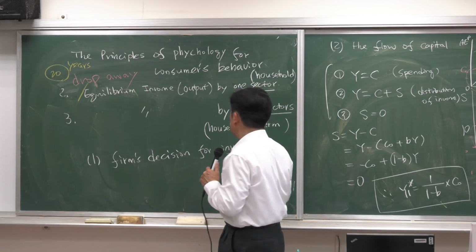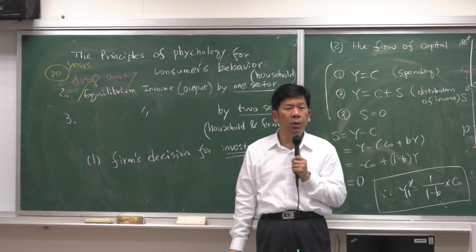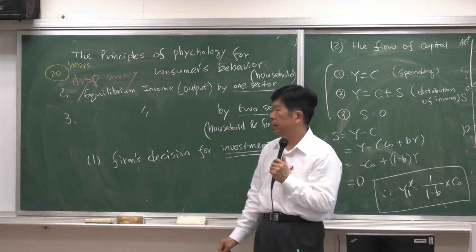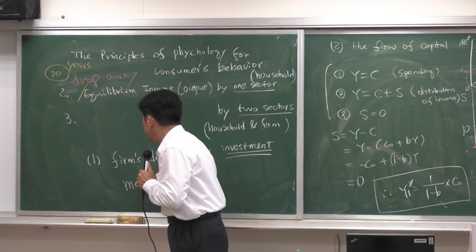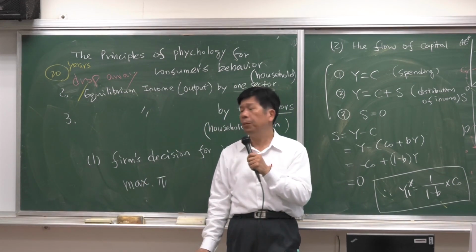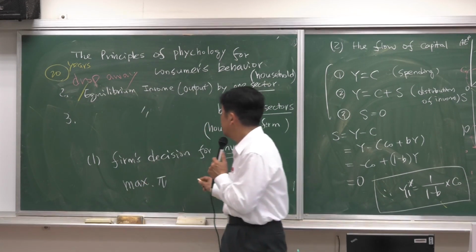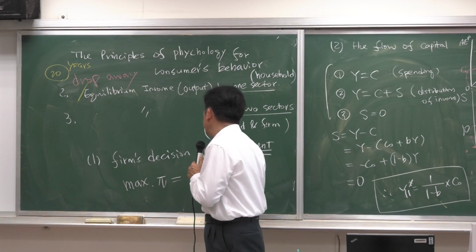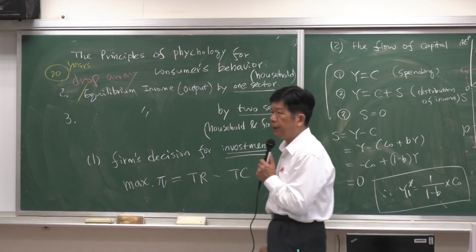So here we need to know how to make the decision, because the firm always wants to have the maximum pie. Okay, they want to have the maximum profit. So the profit will be equal to the total value minus total cost.